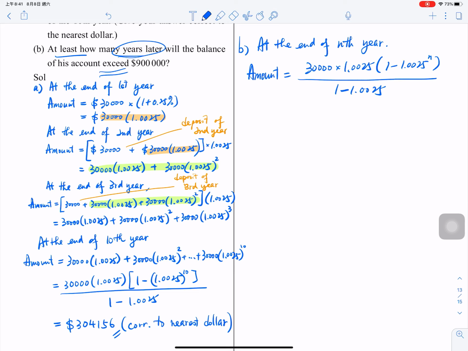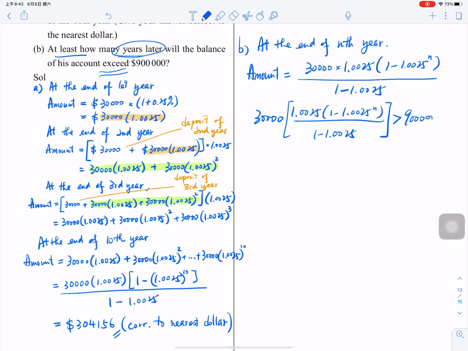Right, this is the amount. So this one, I pick up $30,000. You need to check this one greater than $900,000, right? So simplify this one.